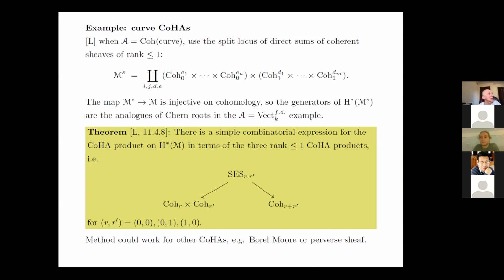And so then the CoHA of a three-dimensional complex vector space, which is equivalent to one vertex, three loops, and the cubic potential, can be easily computed. And it's somehow related to this three-dimensional partition story.